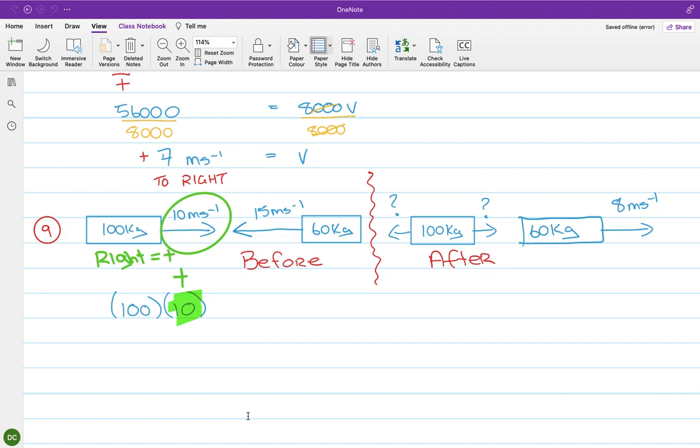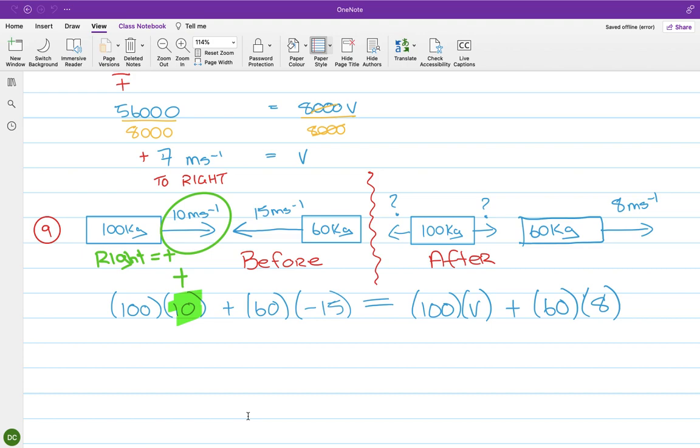Then plus 60, and the 15 is left, which means that has to be negative. Before equals after. So after we have the 100, and we have no idea, and we have the 60, and that 8 is to the right, and right was positive, so we put the 8 in positive.